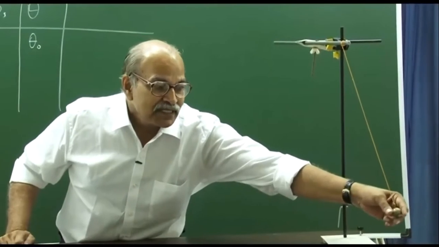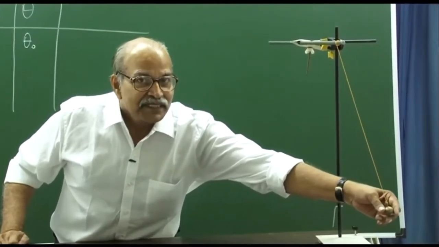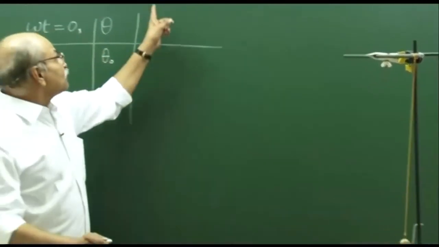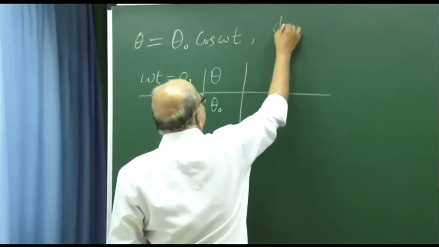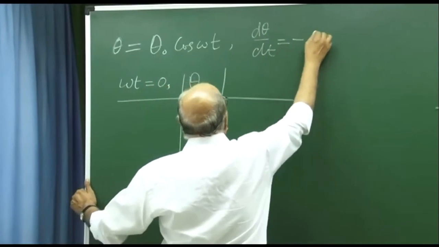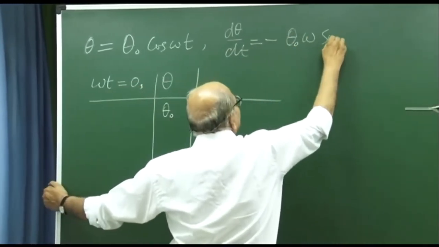And what is the velocity here? The angular velocity is 0. Once it is at extreme, the angular velocity is 0. That also will come from here. If this is theta, the angular velocity is d theta by dt, and that will be minus theta naught omega sine omega t.